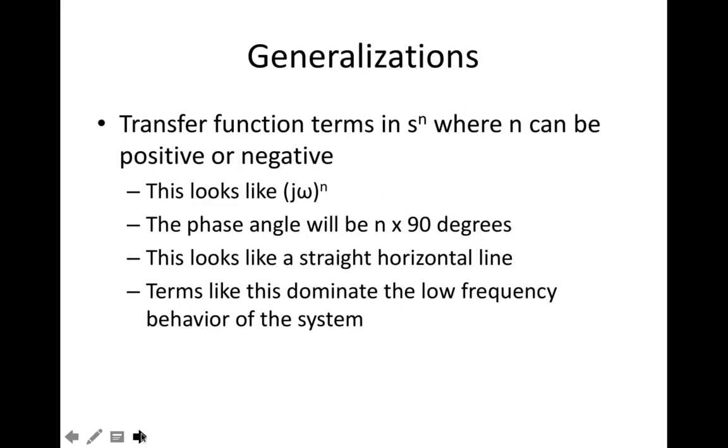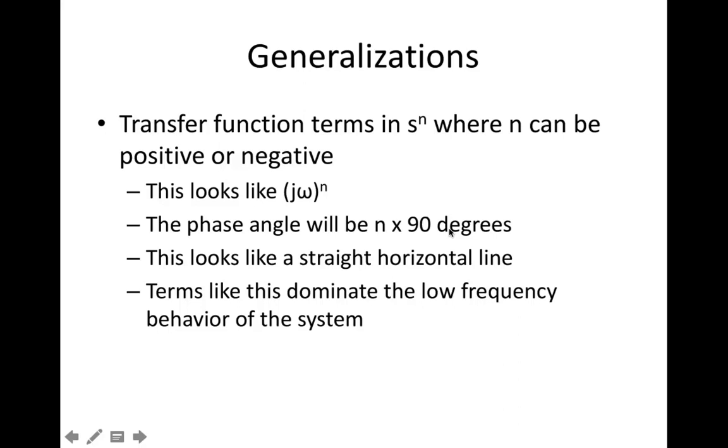So we can make some generalizations just like we did with the magnitude plot. When we have a transfer function, we have terms in s to the n. So this would be a pole or zero at s equals 0, and n can be positive or negative. Substituting j omega, we would have a term in our transfer function that looks like j omega to the n. Basically, the phase angle there will be n times 90 degrees.